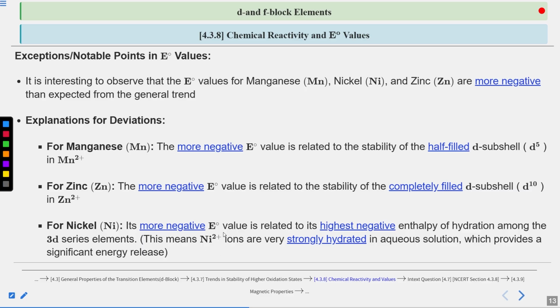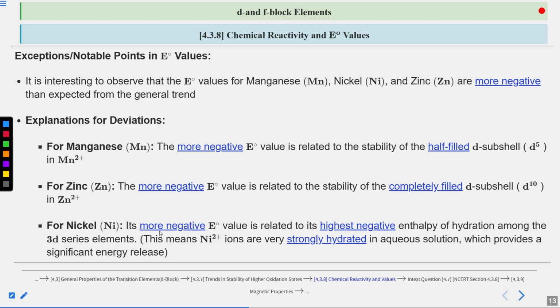This means that Ni2+ ions are very strongly hydrated in aqueous solution, which releases a significant amount of energy. That's why the conversion of Ni to Ni2+ is considerable due to its highest negative enthalpy of hydration, and that is why it shows the more negative E0 value.